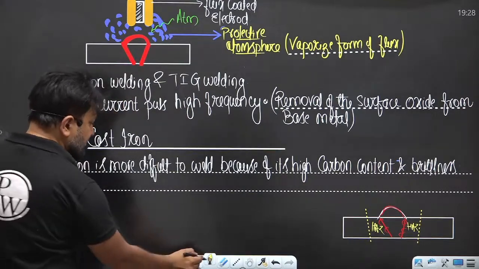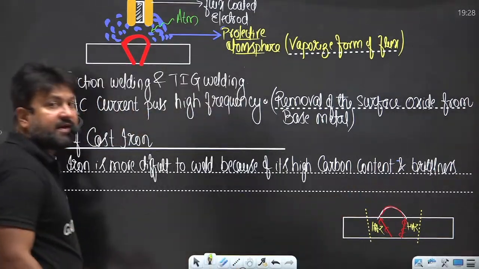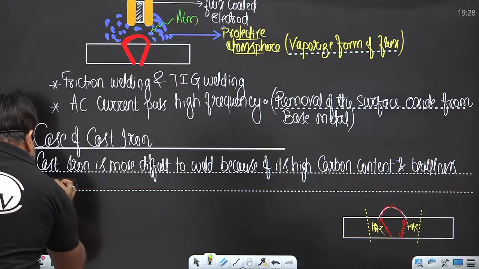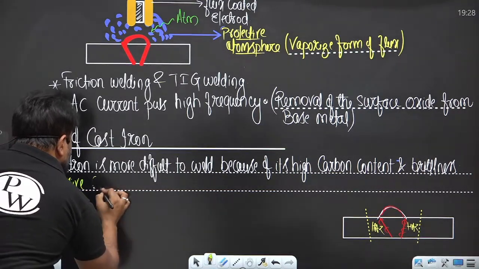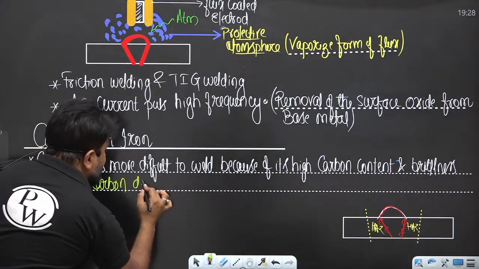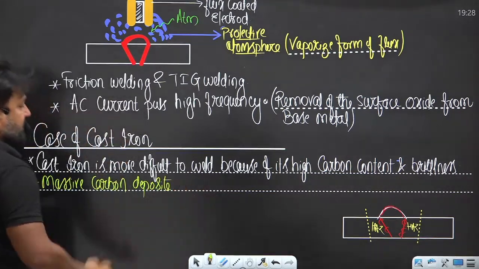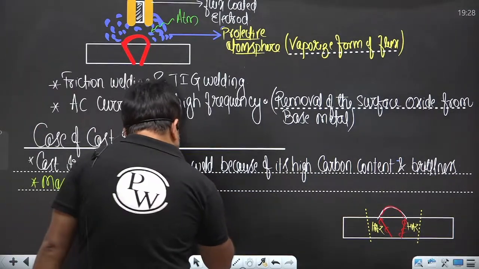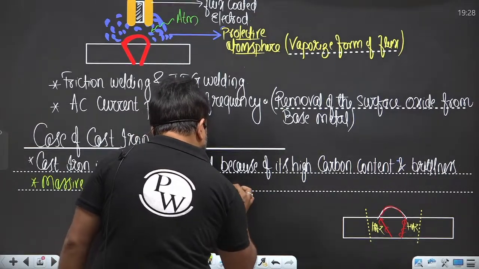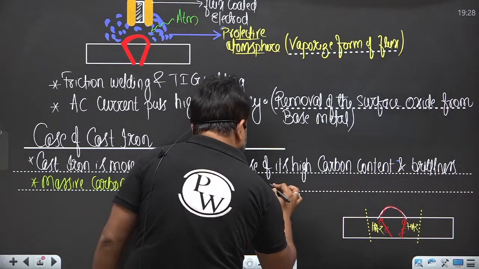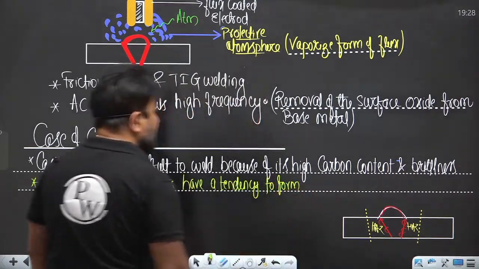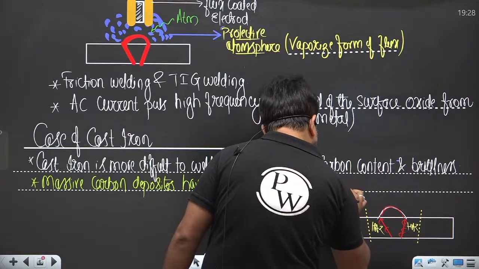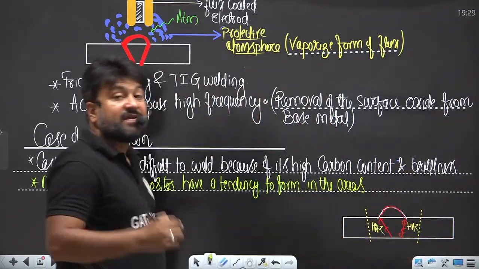So let me write down here the reason. What is the actual line? Massive carbon deposits have a tendency to form in the areas, which areas?